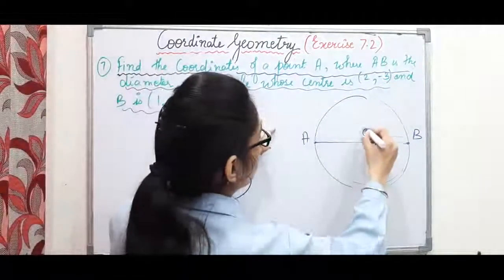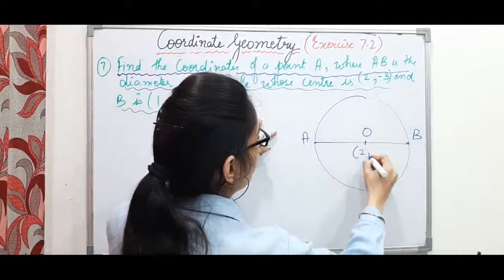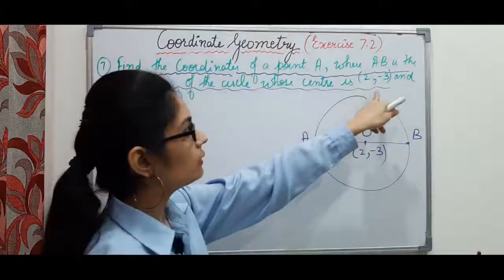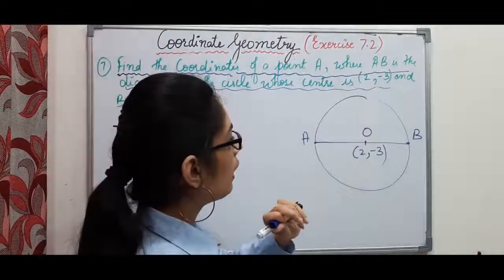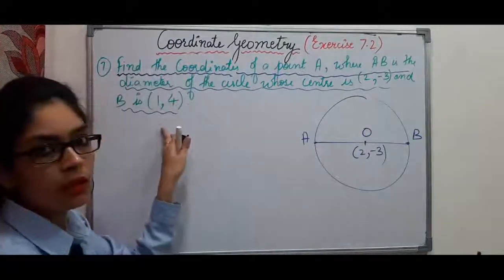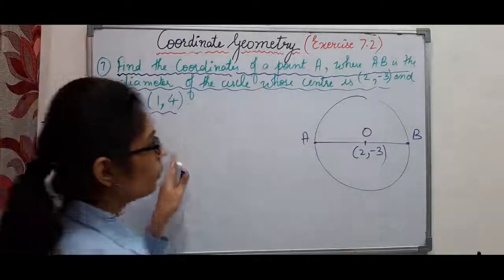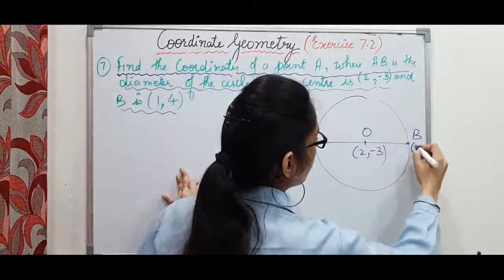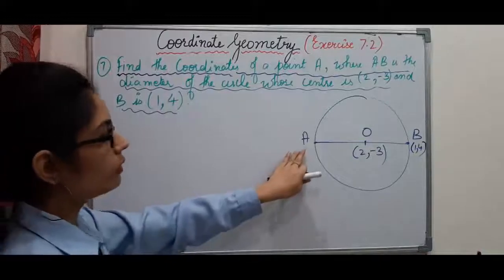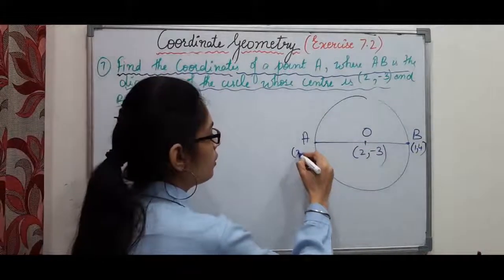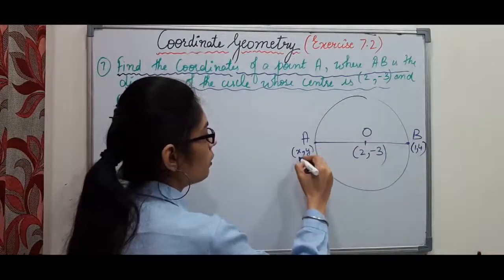Center point, let's assume it is O, so it is given by these coordinates 2, -3. It's mentioned it is the center of the circle, and the coordinates of point B are given to you, which is 1, 4.